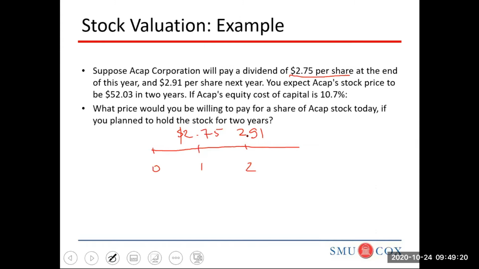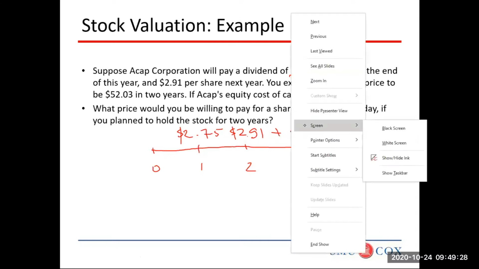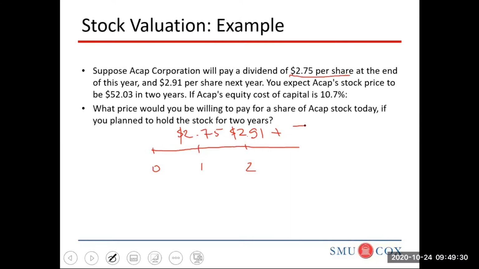And we also expect the stock price to be $52.03. If the cost of capital is 10.7%, what is the share price?